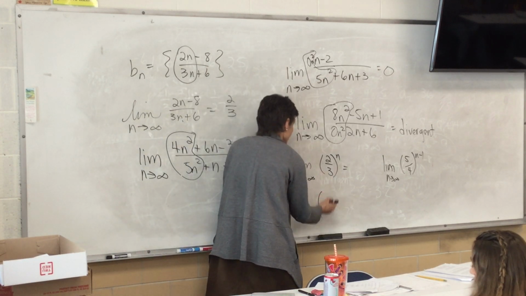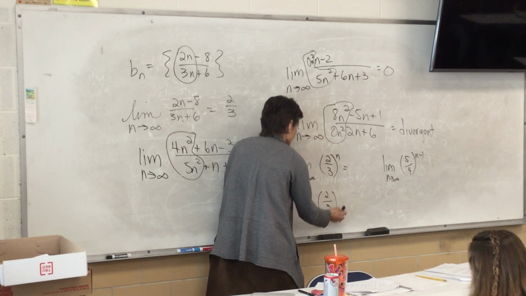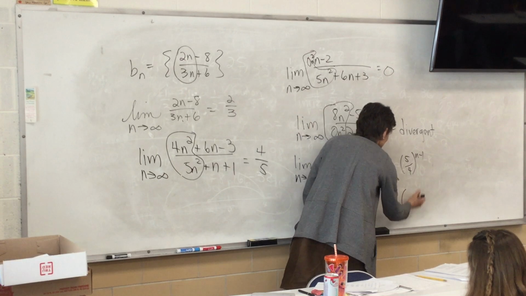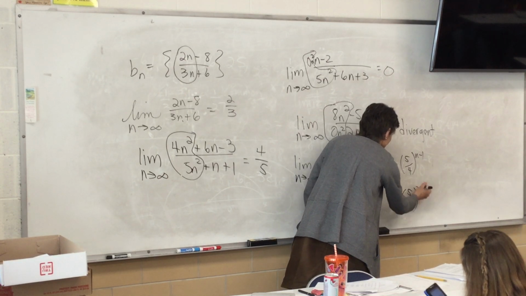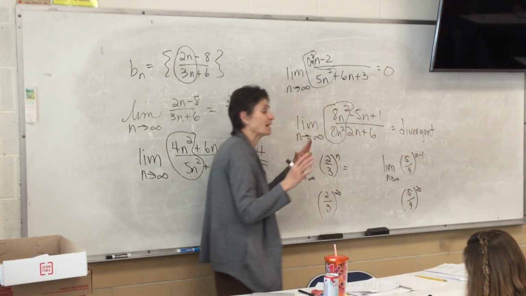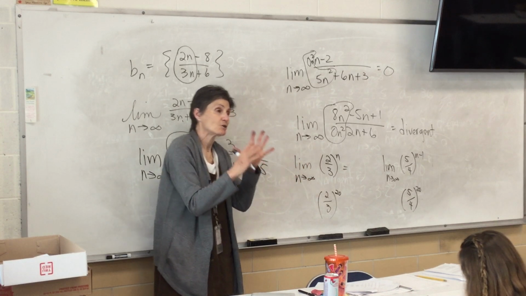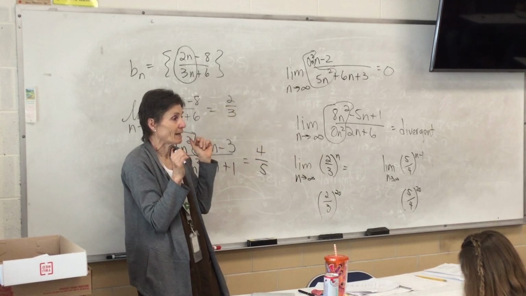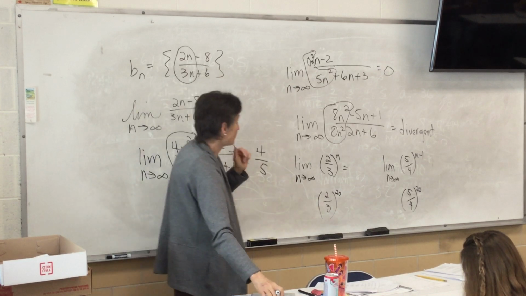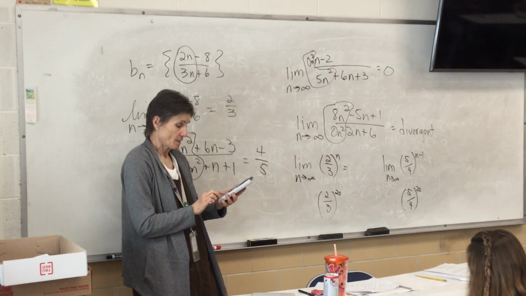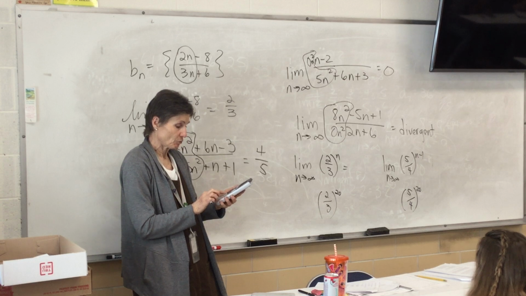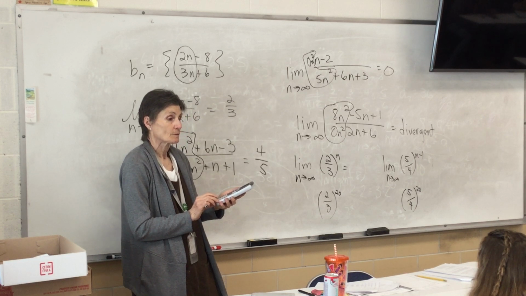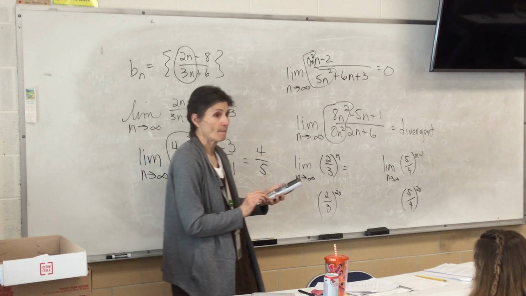And I want you to do 2/3 to the 20th, and then I want you to do 5/4 to the 20th. Now I'm just making up the 20. I could use any number in the whole wide world. 20 just popped into my head. So in parentheses, 2 divided by 3 to the 20th power. Do you get a big number or a little number?